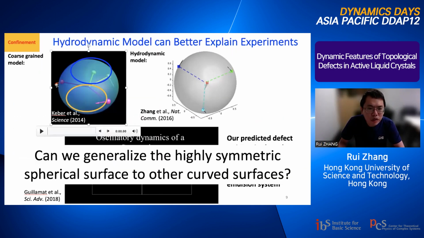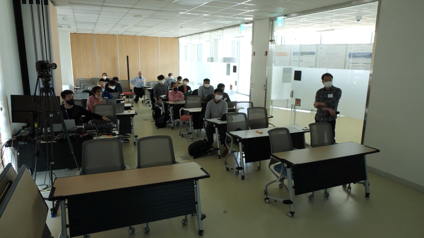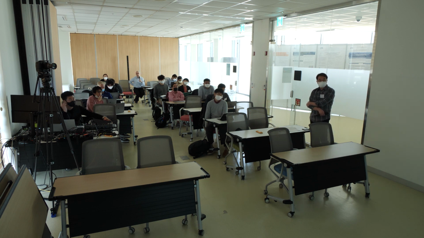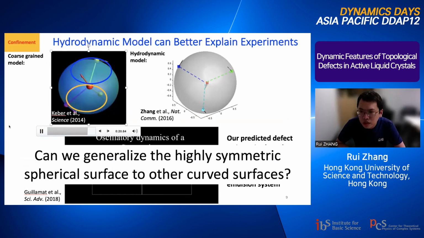So in the original work, if we can account for more details of the interaction potential, maybe we can see a more chaotic, more random motion of the defects. Yes, I would think so. You need to also include the flow generated by the defects, then probably you can capture it. Yeah, exactly. Thank you, Professor Ernst.